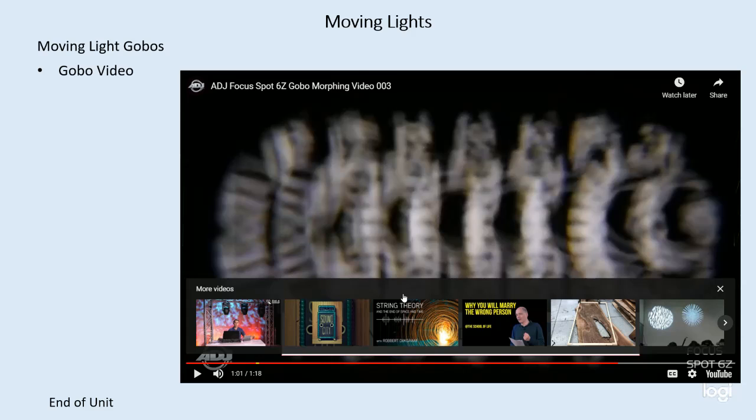There was a lot going on in that video, but at least it gives you a little bit of a sense of what the capabilities are of being able to put two gobos in and then focus on whichever one you want. The thing to remember is you won't be able to focus on both images sharp at the same time. So that's what we have for moving lights.